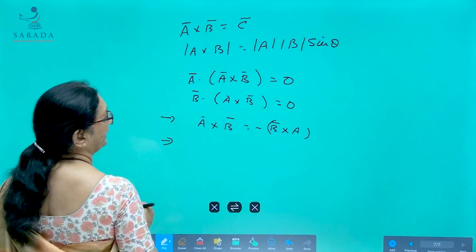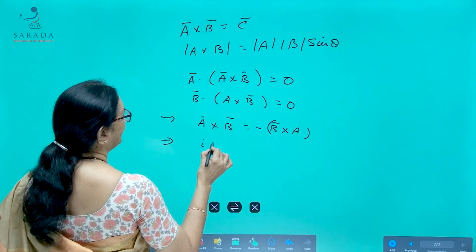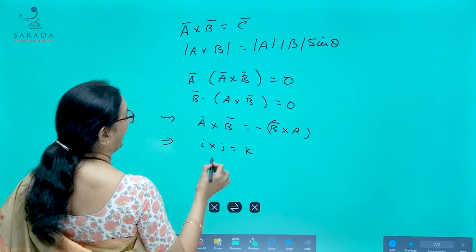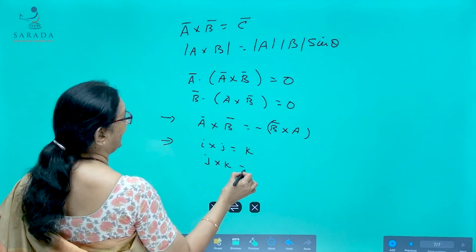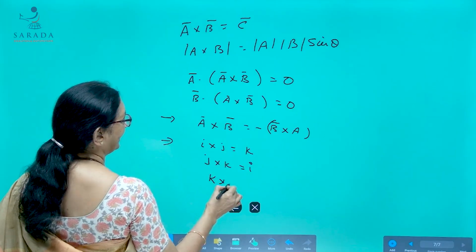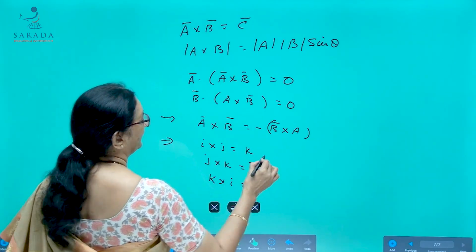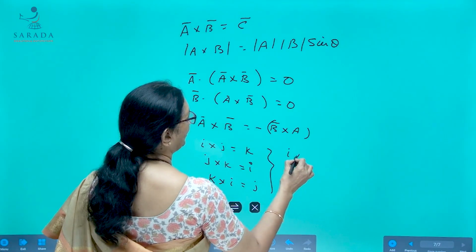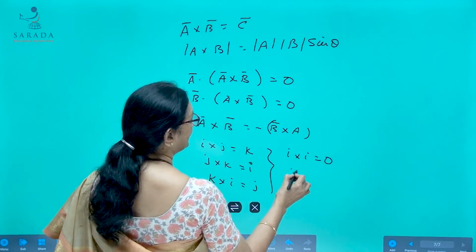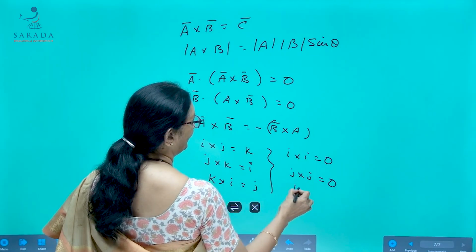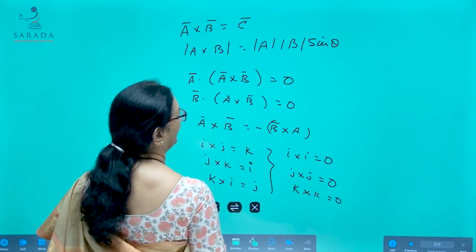And another very important thing is i cross j is k bar, j cross k is i bar, k cross i is j bar, and i cross i is 0 bar, j cross j is 0, k cross k is 0.